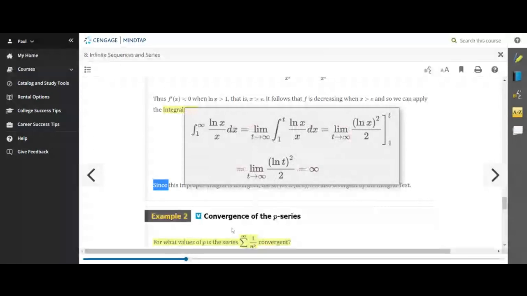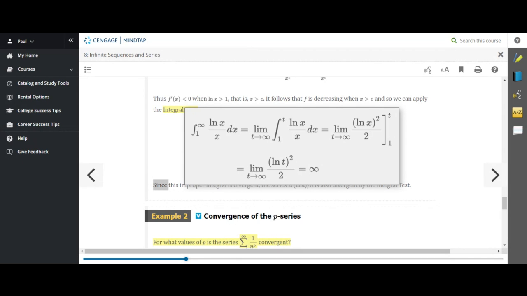And when we use the integral test, we take the limit as t goes to infinity of the proper integral from 1 to t. They leave out a step there, but they get the antiderivative, and you're going to get infinity for the improper integral. Obviously they let u equal the log of x, and you do a substitution to get the antiderivative there.